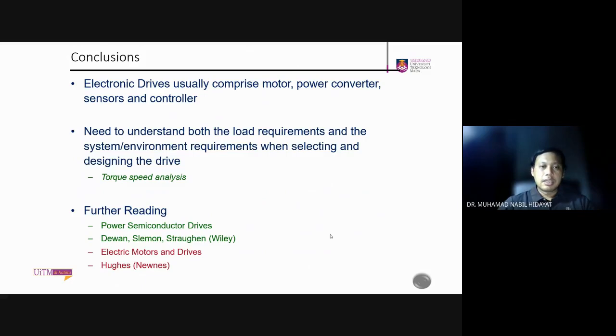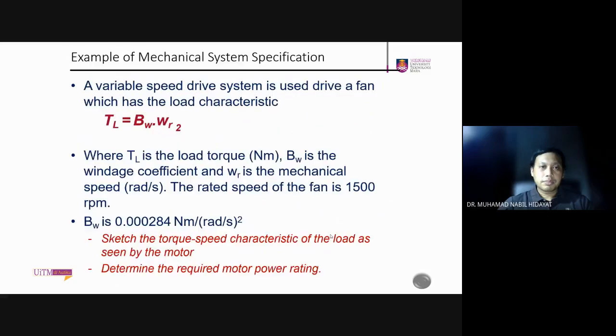Please refer to the textbook for further reading on this topic. This will be an example of a mechanical specification, so you can try to do this within your free time.